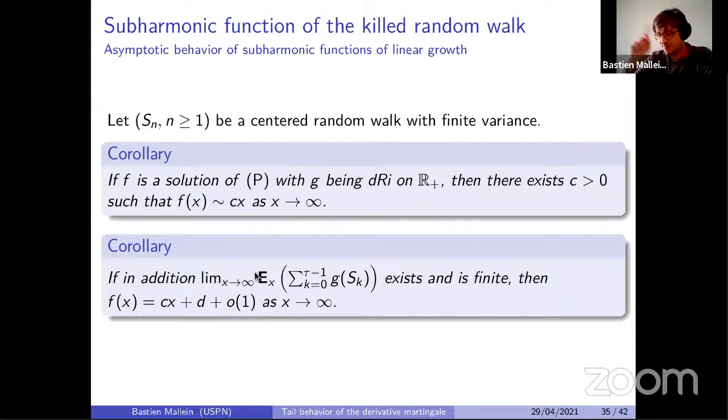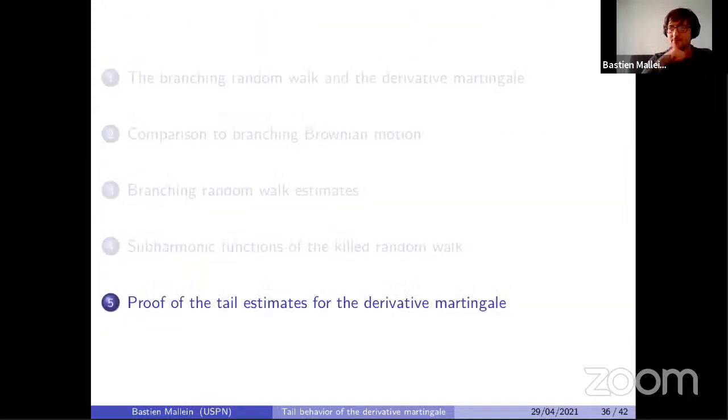So if I add an integrability condition on the function g, so that this limit as x goes to infinity exists and is finite, then we get a little more. We get that f of x behaves as c times x plus a constant plus a little o of 1, right?